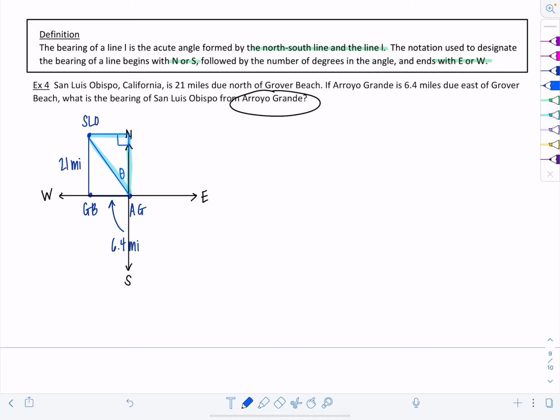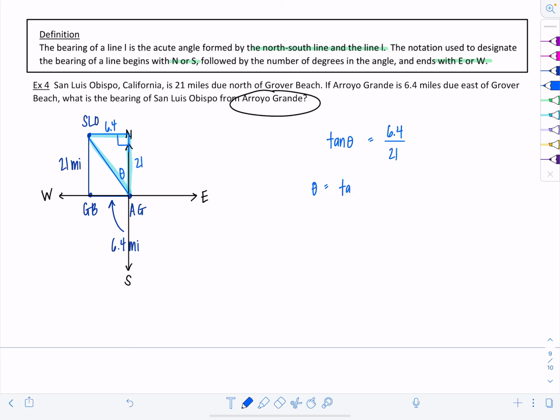So this is my right angle. And I know this side up here is 6.4 and this side is 21. So if I'm after theta, I have, again, the opposite and the adjacent side. So tangent of theta is equal to 6.4 over 21.